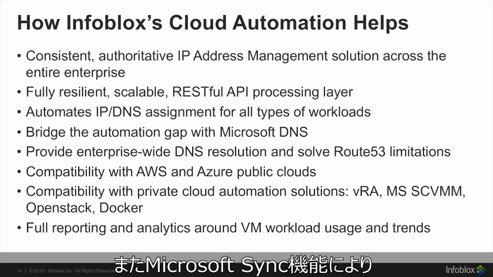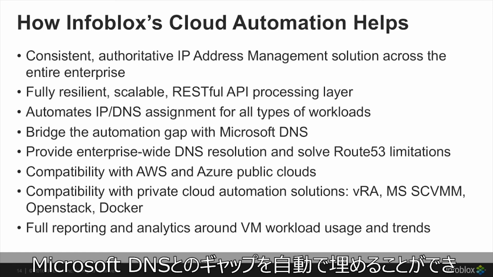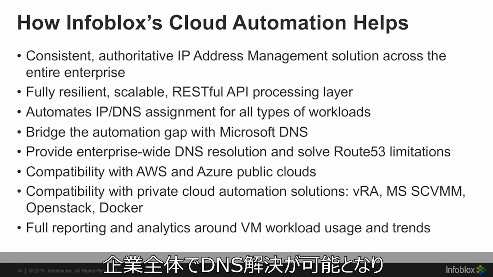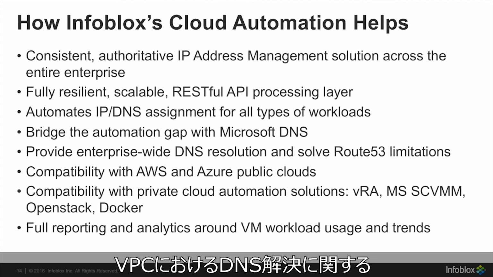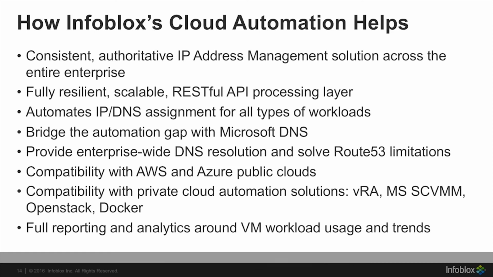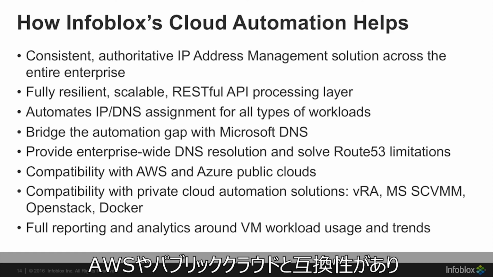We've also seen that we can bridge the automation gap with Microsoft DNS via our Microsoft Sync feature. And this then also can provide enterprise-wide DNS resolution and solve some of the Route 53 limitations around DNS resolution across VPCs. We have compatibility with AWS and Azure public clouds.